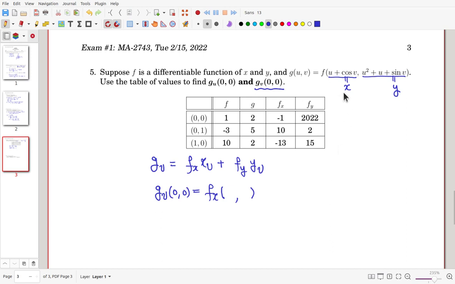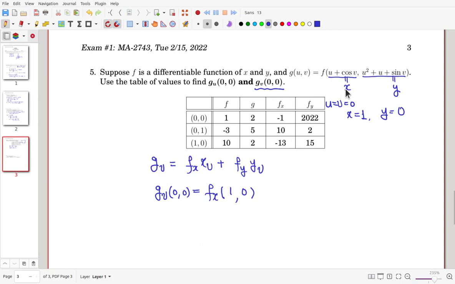So for example, x is given in this way, and once u and v are 0, x must be 1, and y is 0.